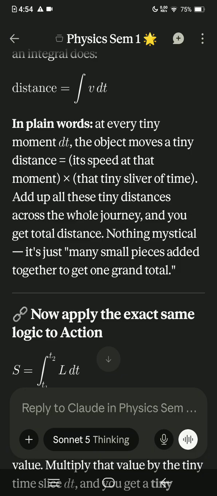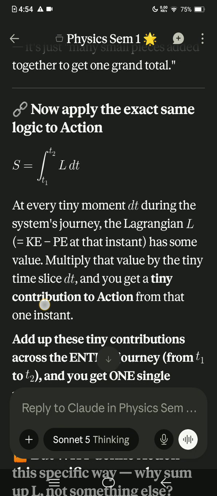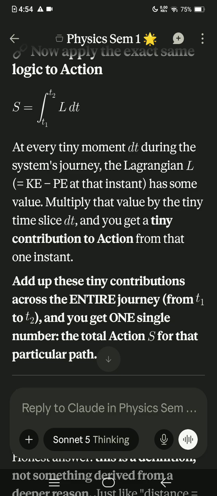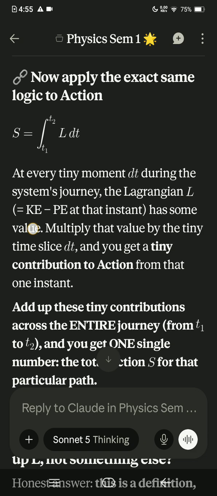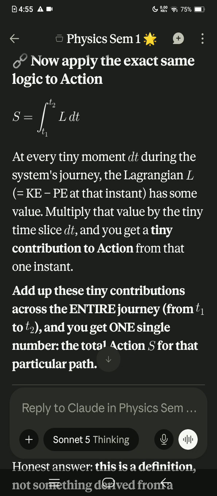Now apply exactly the same logic to action. At every tiny moment dt during the system's journey, the Lagrangian L, which is K minus P at that instant, has some value. Multiply that value by the tiny instant of time and you get a tiny contribution to the action at that moment.